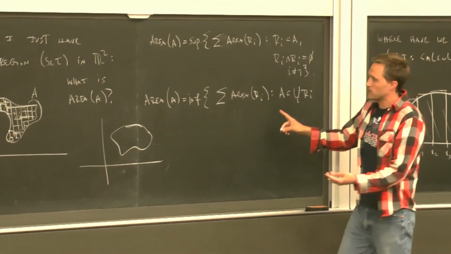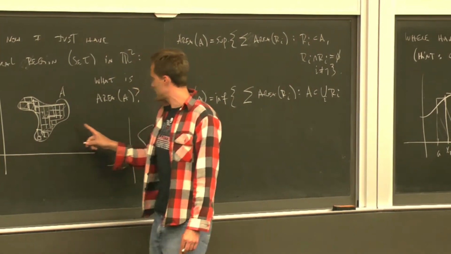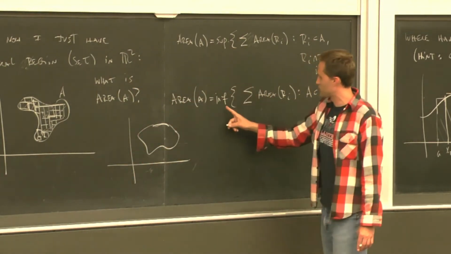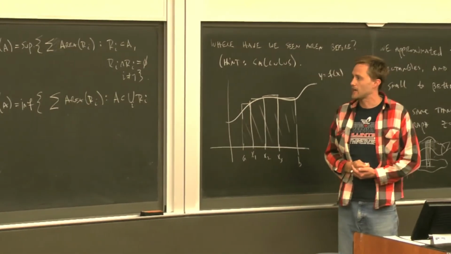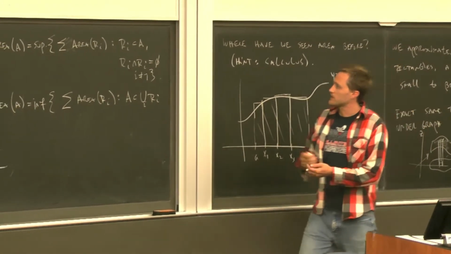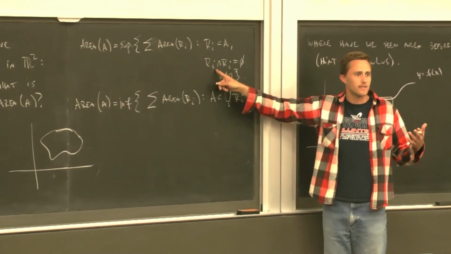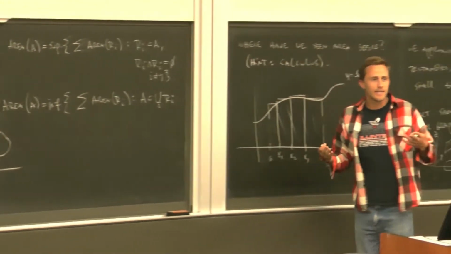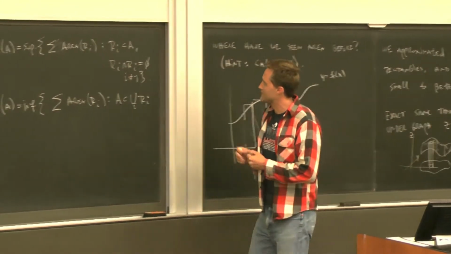We don't need to worry about rectangles not intersecting A. I can add in those, but then we're taking the inf, so we could take covers that don't include them. And also, we don't need to worry about them being disjoint, because we can take any countable cover and make it disjoint.